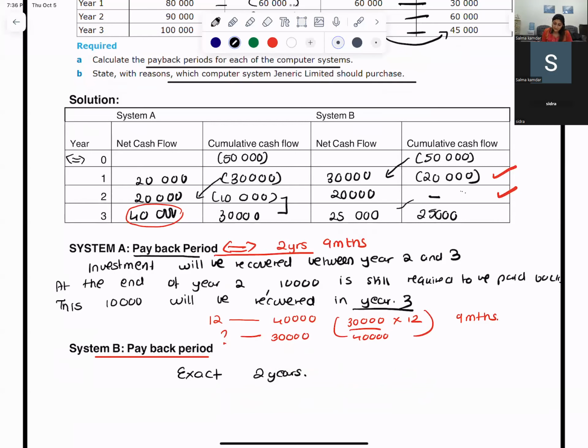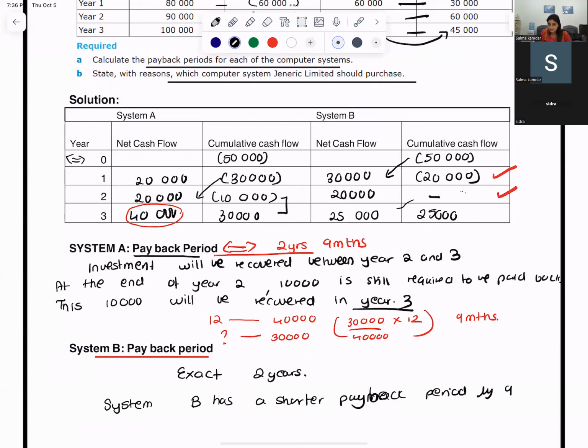So system B has a shorter payback period, by how many months? By 9 months. Here you have to give your evaluation. So system B has a shorter payback period by 9 months.